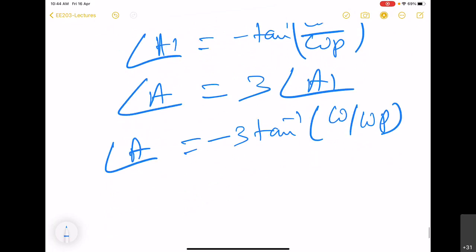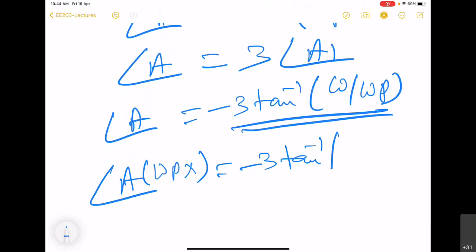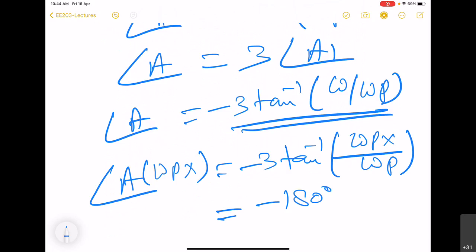So we know that omega px, the phase crossover frequency, is the frequency where this quantity becomes equal to minus 180 degrees. So minus 3 tan inverse omega px by omega p equals minus 180 degrees.